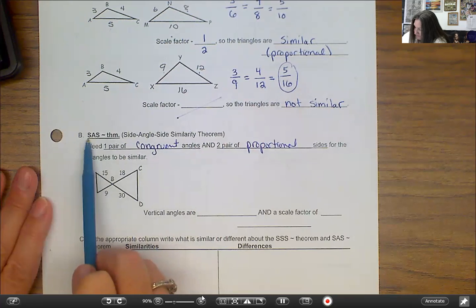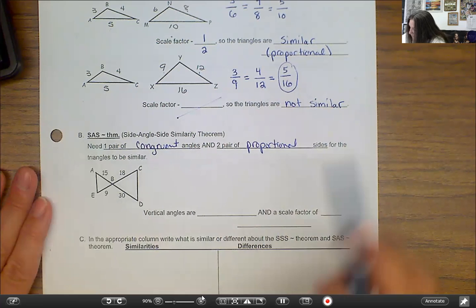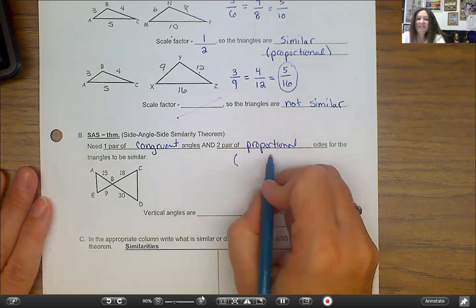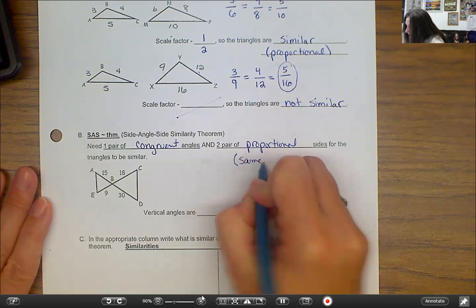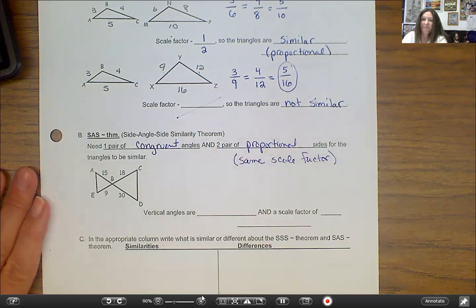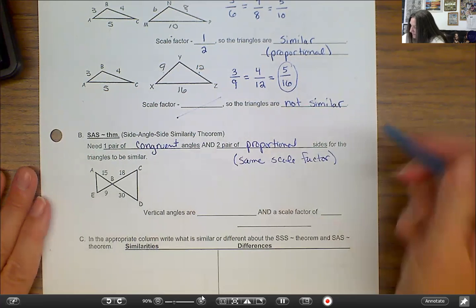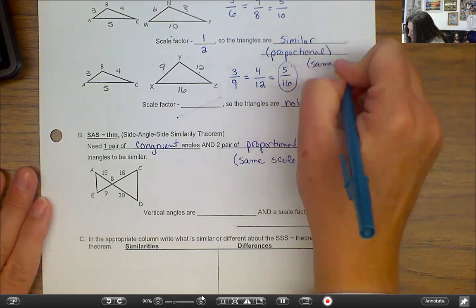And you can see you have to have two sets of sides there. Keep in mind when we're saying that they're proportional, they have to have the same scale factor. Okay, same thing up here. When they were proportional, we need the same scale factor.